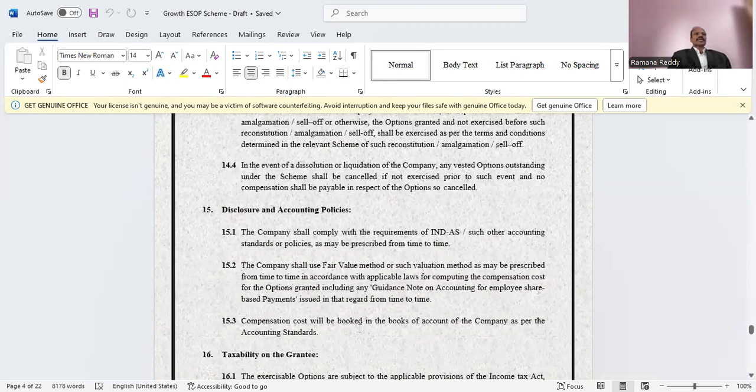And disclosure and accounting policies. The company shall comply with the requirements of the applicable accounting standards, and such other accounting treatment and policies as may be prescribed from time to time.